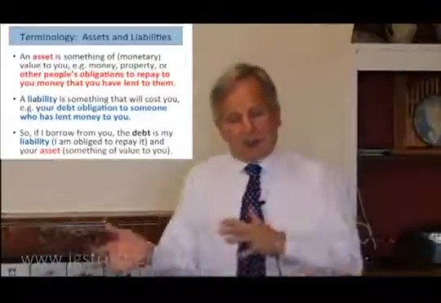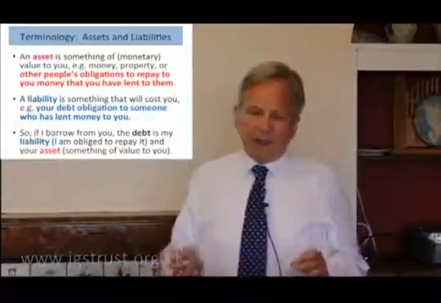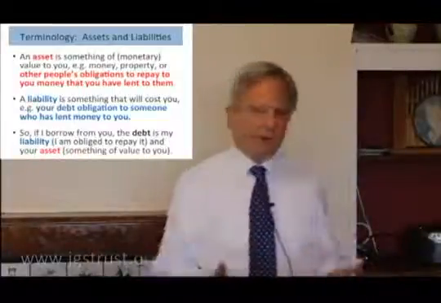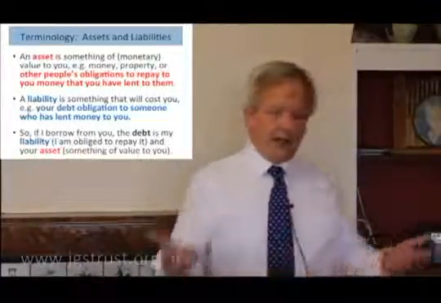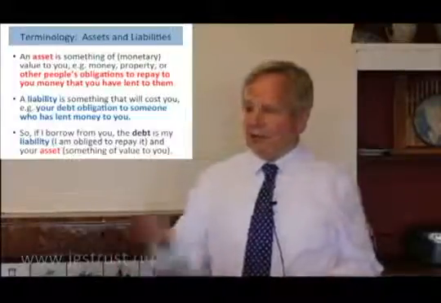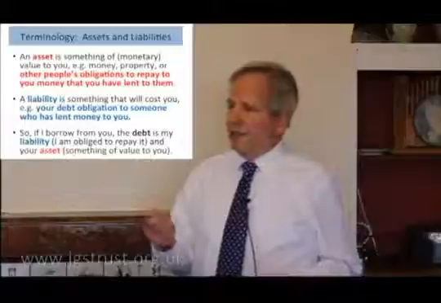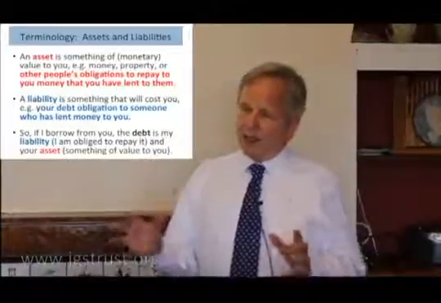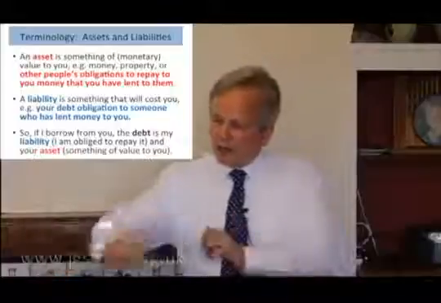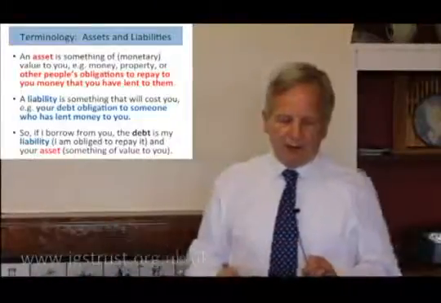Conversely, on the other side of that equation, there's liabilities, and that's something which is going to cost you. You have an obligation to somebody else, perhaps, to pay them money back at some time. So if I borrow money from you, then there's a dual aspect to that debt. It's my liability because I owe you, and it's your asset because you have a claim on me in the future.